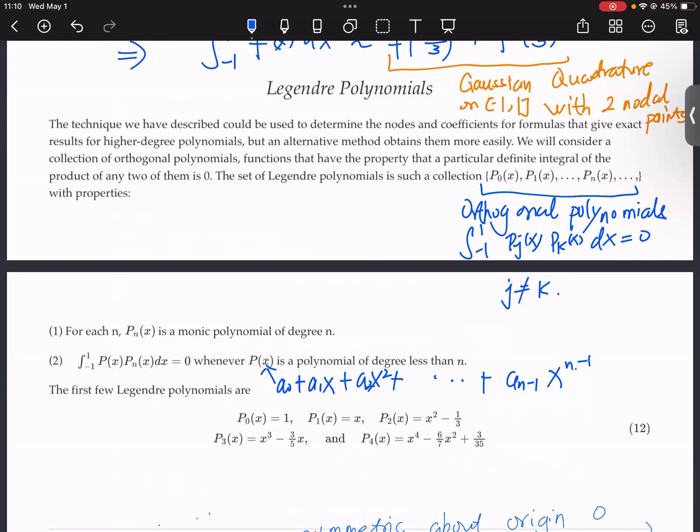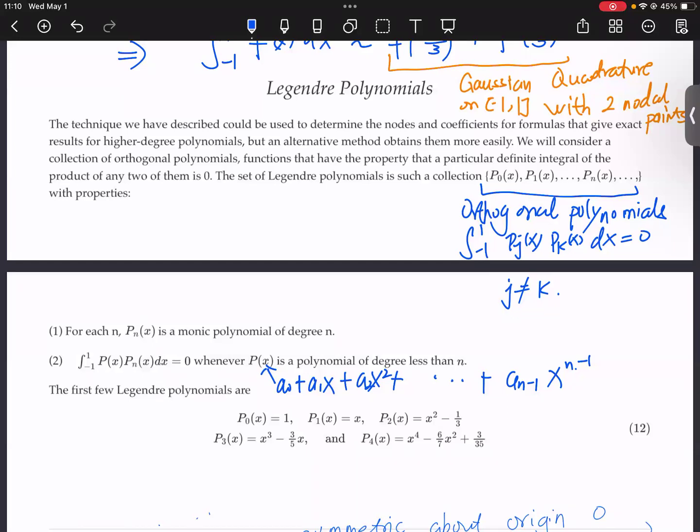And because P_n(x) is orthogonal to the basis function 1, to the basis function x, to x squared, and up to x^(n-1), this happens.